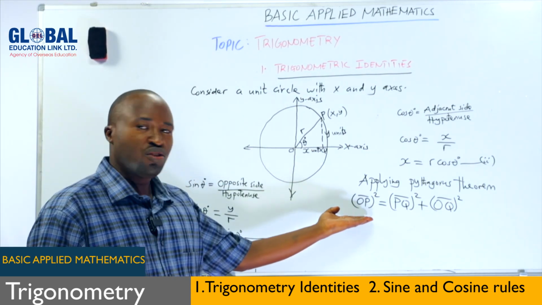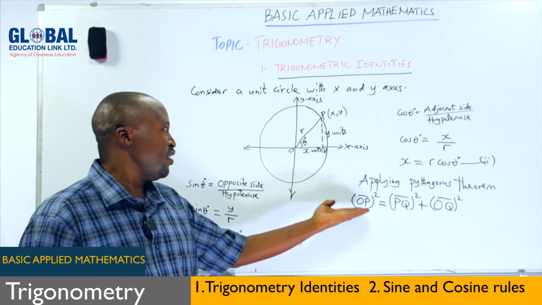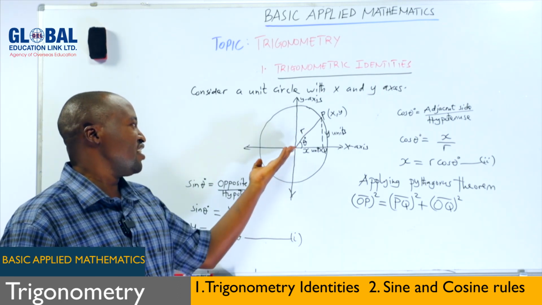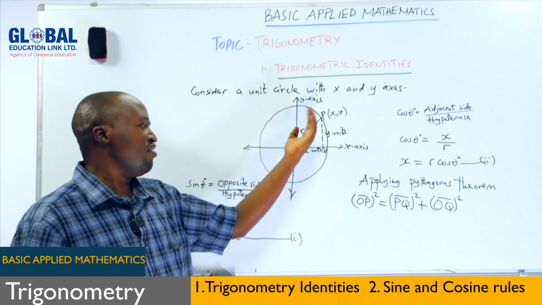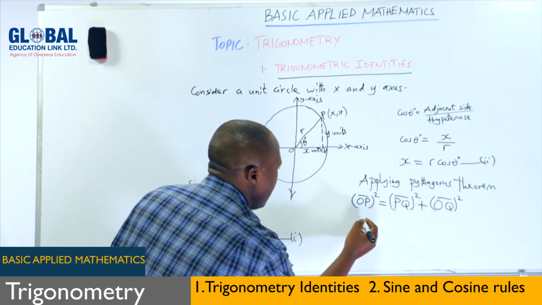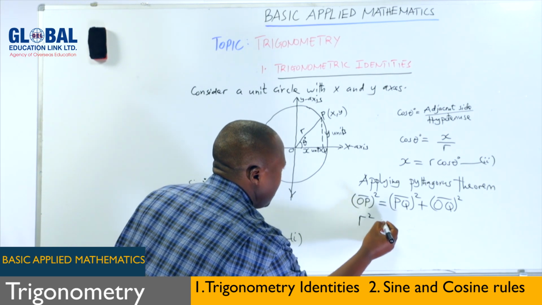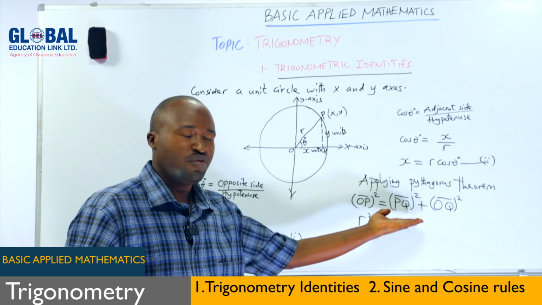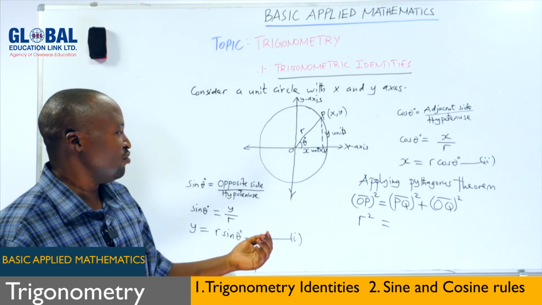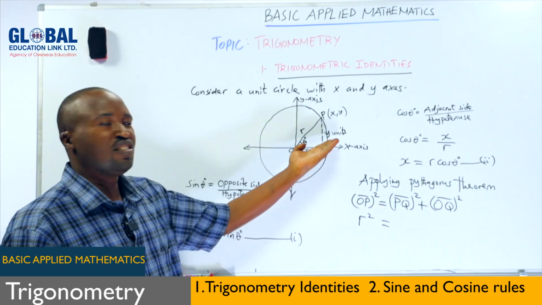But what is OP? OP is the radius, the distance from the center of the circle to the point on the circumference. So here we have r squared. Then we have PQ. What is PQ? PQ is y.